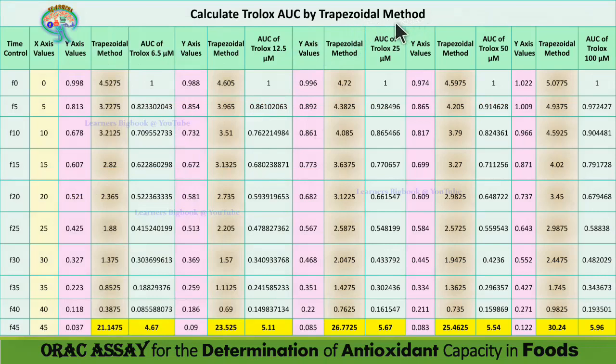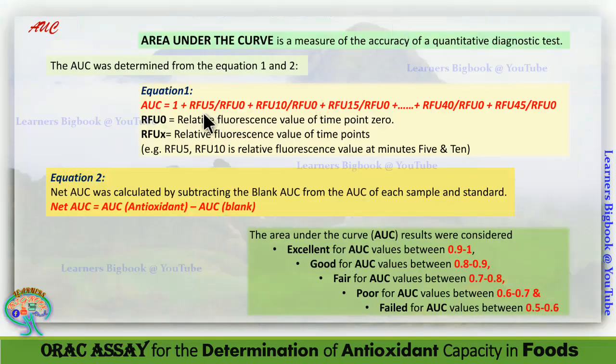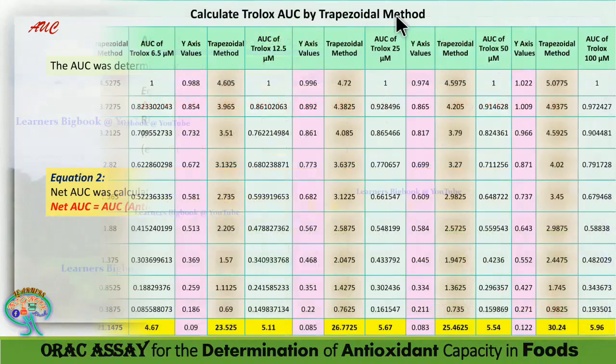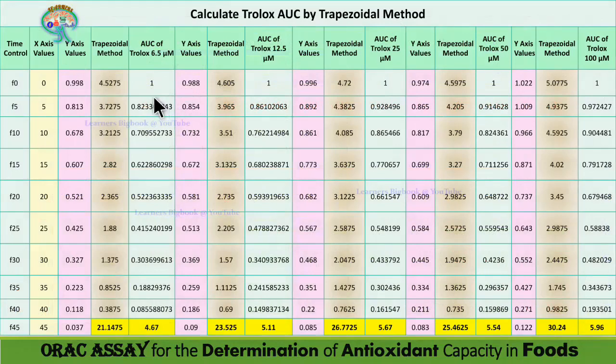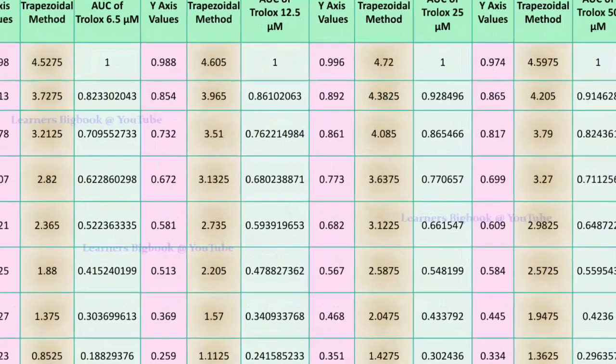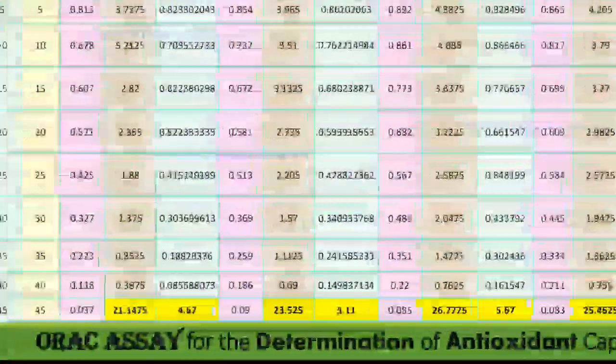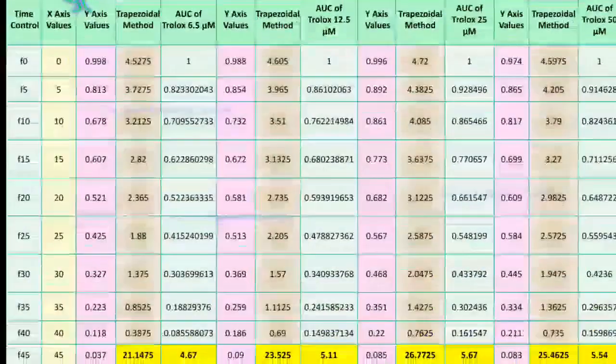Directly you cannot do this particular equation calculation. Calculating the AUC with the help of the trapezoidal method is very good, because it has given a lot of hope in the calculation and we got whatever the values.